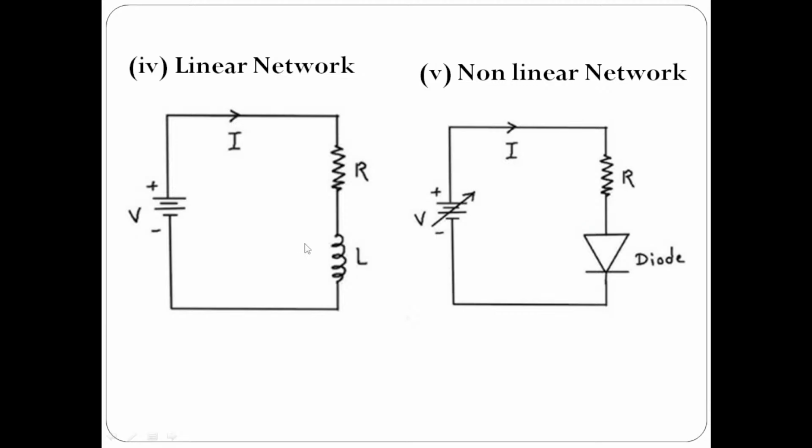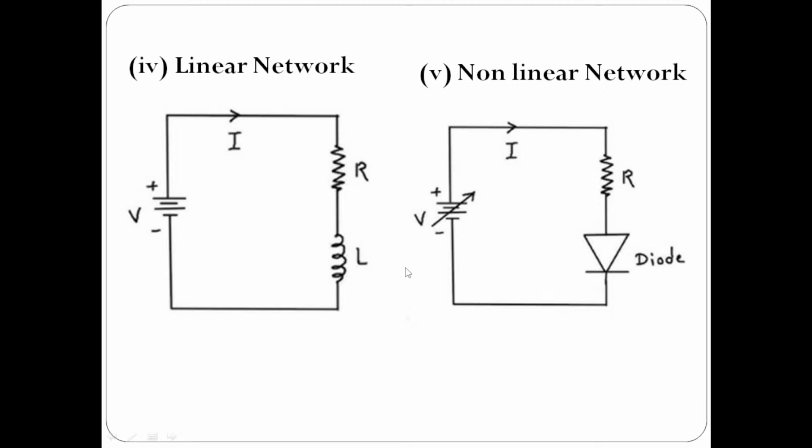If the passive elements in the given network are resistor, inductor or capacitor, then such networks are known as linear networks. Why? Because the resistance, inductance and capacitance values will always remain constant even though time is changing. The R, L, C values will be the same. They won't change even though time varies, voltage varies, or temperature varies.